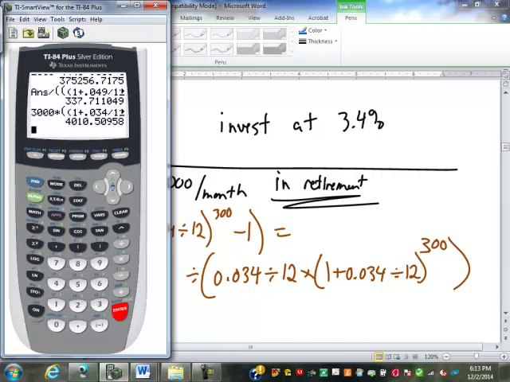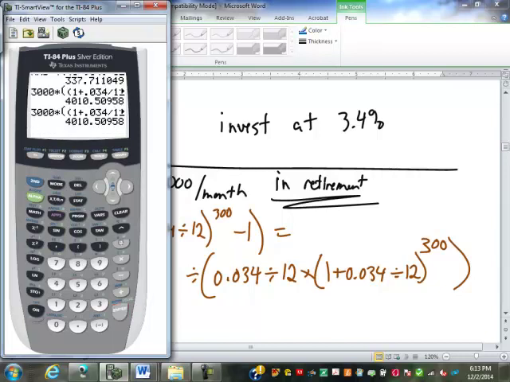Now that number, something doesn't look right there. Let me try that again. Okay, that's fine. We'll hit equals.